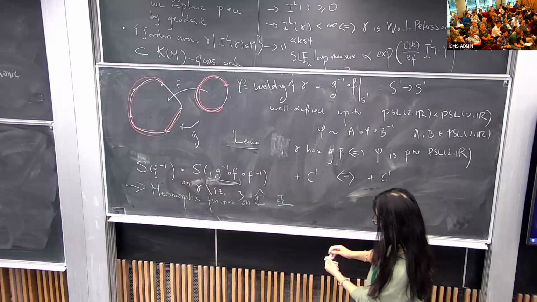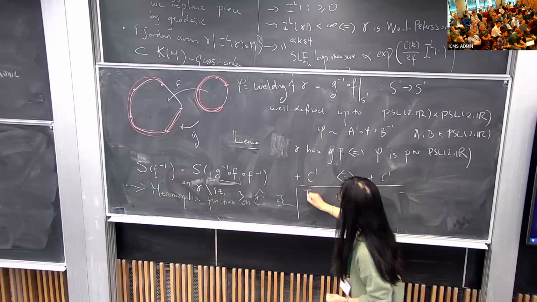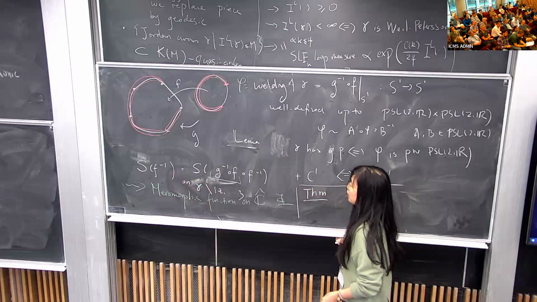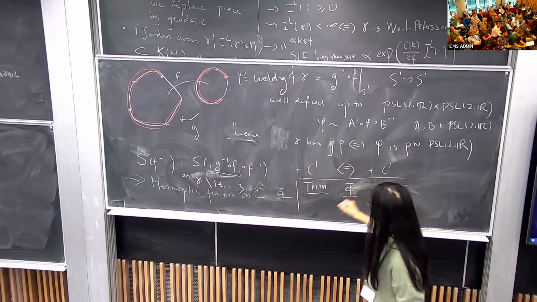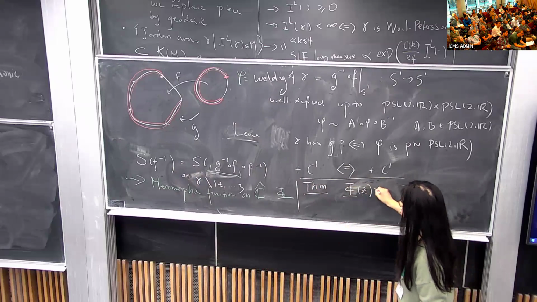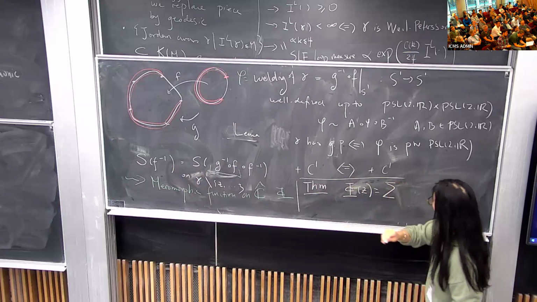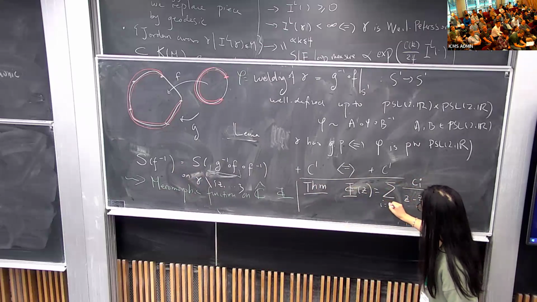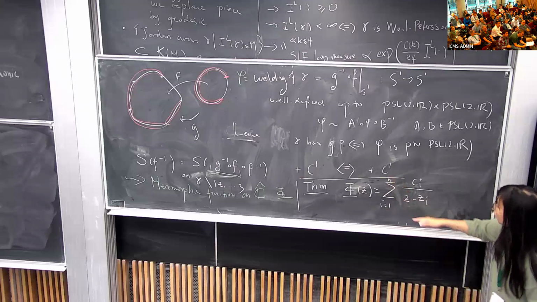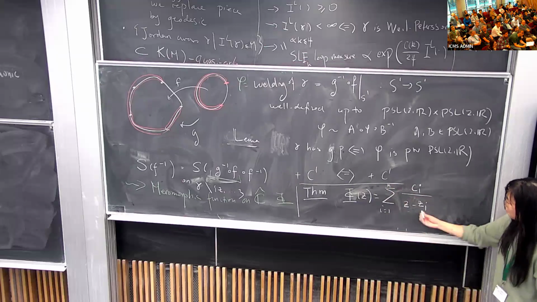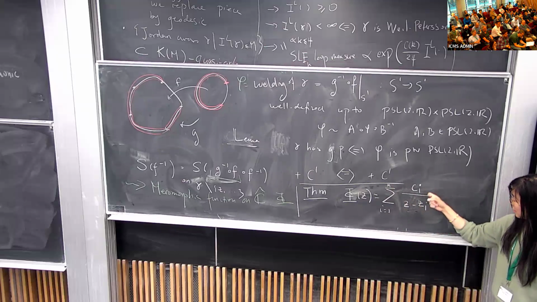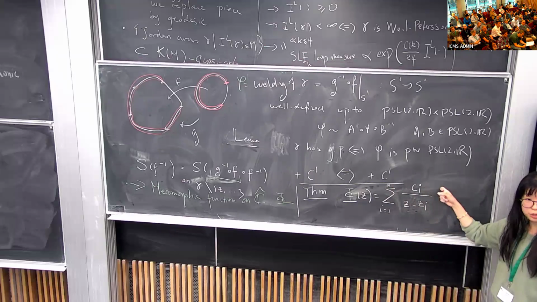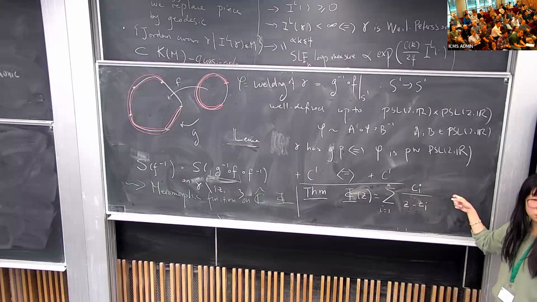And for our theorem, this phi of z is a sum over i, with i running from 1 to n, of c_i over z minus z_i. We need to interpret a bit when it's infinity. But at other points, it exactly has a simple pole at each point, and it gives a meromorphic function with a simple pole at infinity.